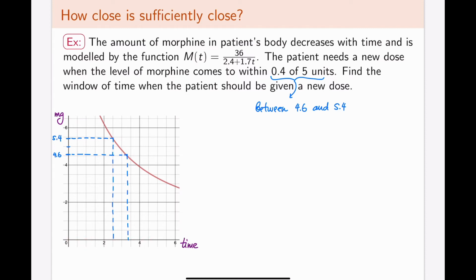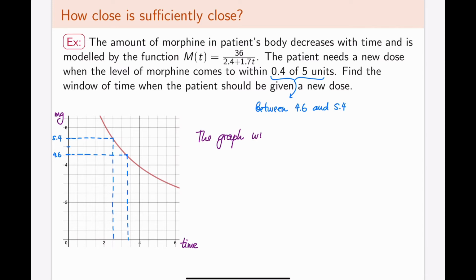Now, while the graph is nice, it doesn't give us the precise numbers for the actual time. In order to determine the exact answer, not just an approximate one that the graph will give us, we actually need to solve this equation to be within these two particular values. So the graph will help us approximate, but solving algebraically will give us the exact value. Let's write that down because this is an important thing.